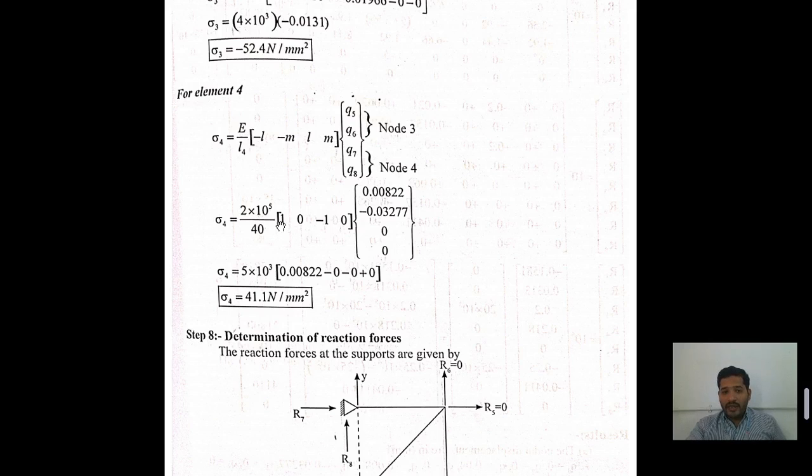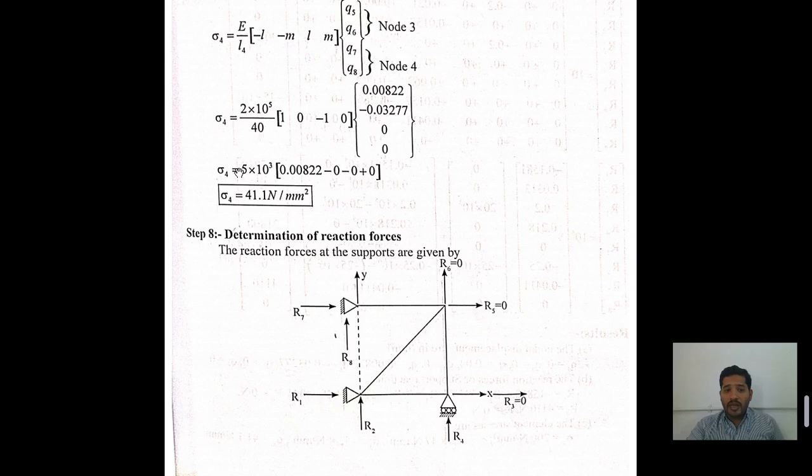Clear? After that you multiply 1 into 0.00822 plus 0, this whole value becomes 0, minus 1 into 0 becomes 0, 0 into 0 becomes 0. Clear? If you multiply 5 into 10 power 3 into 0.00822, then you will get the answer 41.1 Newton per mm square.